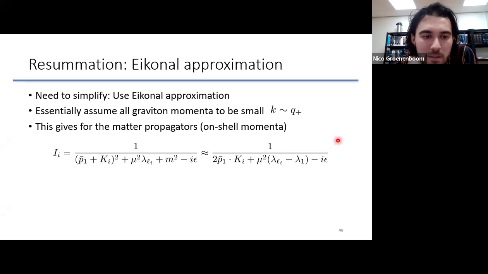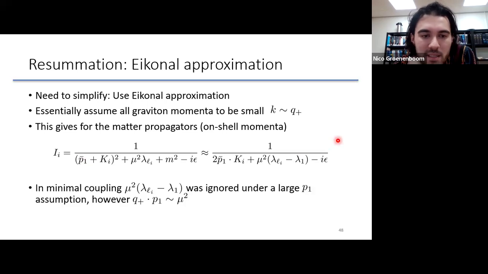And now the propagator, whereas it simplified a bit, there is still this problematic mass term. And in the minimal coupling, we ignored this mass term under the assumption of large P1. So we just blindly ignored all mass contributions. However, at that point, we didn't have the explicit Q plus solution. And now we can see that Q plus dot P1 is actually of the order of mu squared.